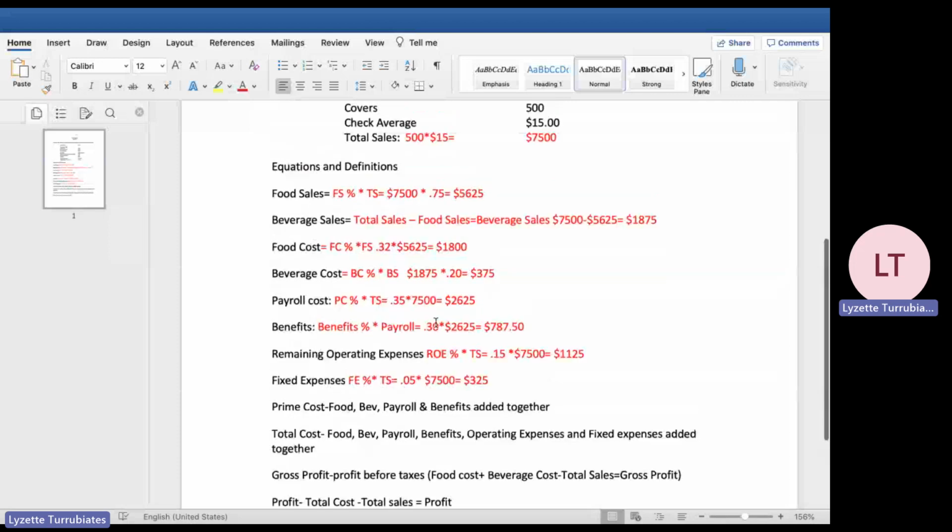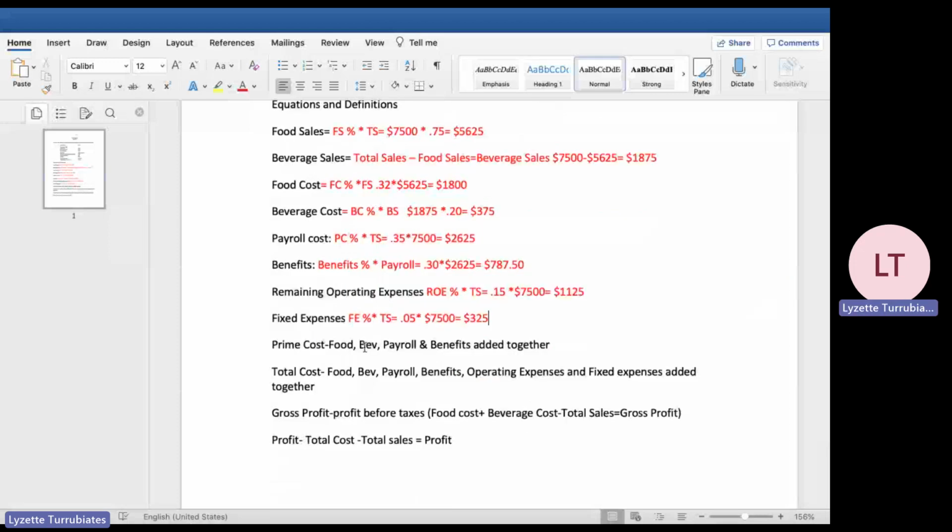So prime cost, so when we're calculating that, we're taking food costs, beverage costs, payroll costs, and your benefits, right? So we already have all those calculations, and now we just need to add them together.